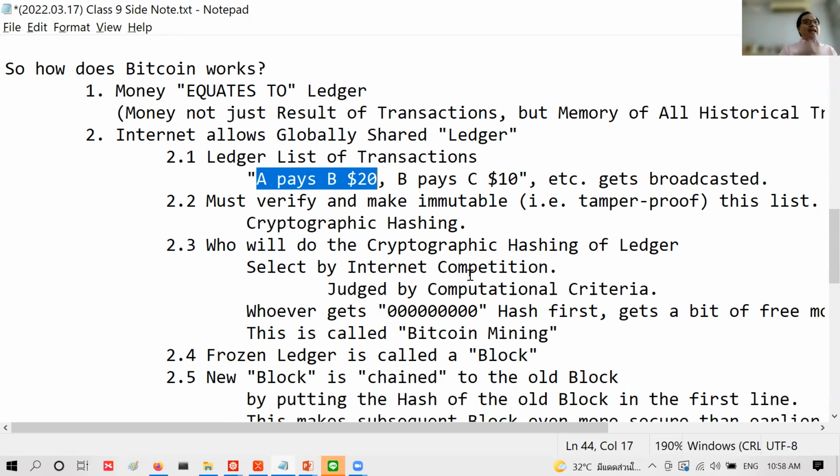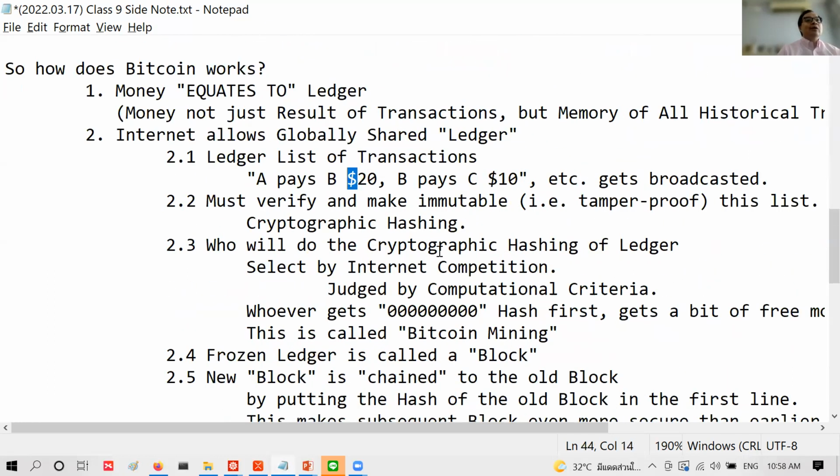A in Thailand pays B in the United States: A pays $10 to a bank in Thailand. The bank in Thailand sends the SWIFT message to a bank in America about that $10 transaction. That bank pays $10 to B, and then the bank in Thailand pays that bank in America $10. So you need that SWIFT network. But with Bitcoin, you just need the internet, because this is done over the internet.